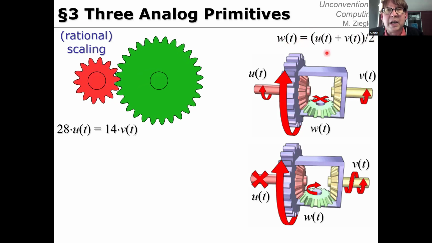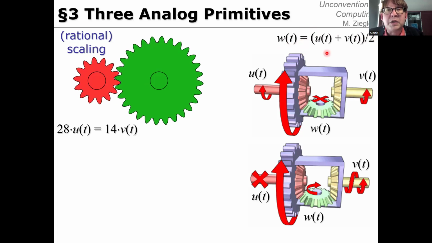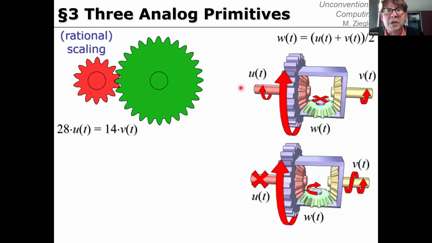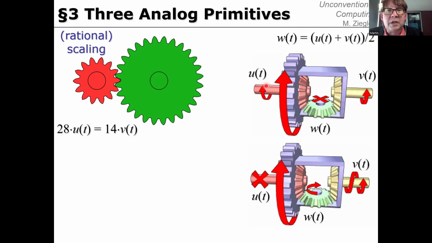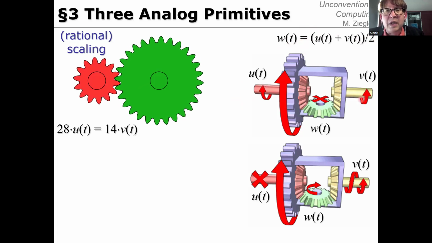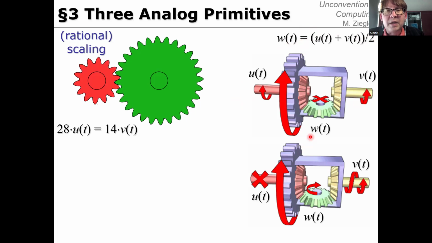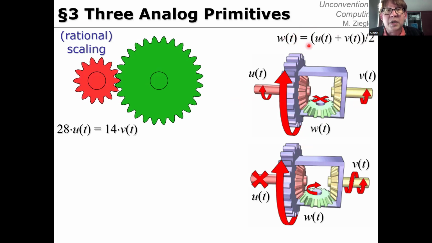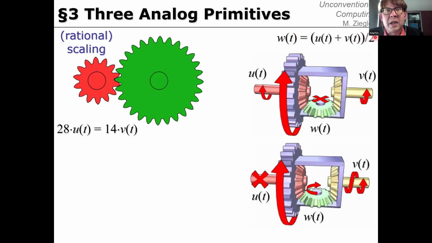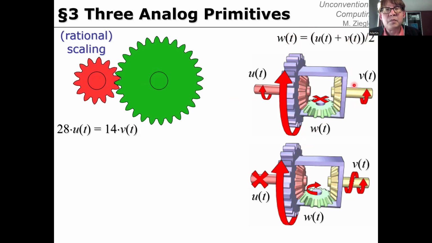And now let's consider that in the opposite direction. Namely, suppose that U is driven and V is driven, then W rotates with a speed provided exactly by this equation.